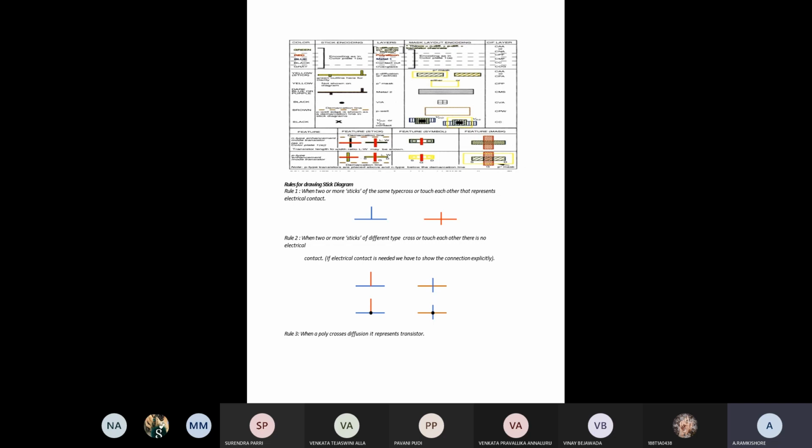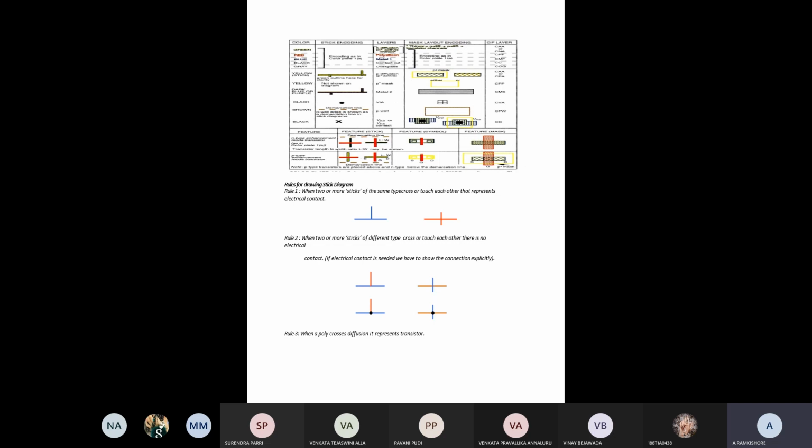If you are drawing the same color, that represents there will be an electrical contact, meaning the electrons or the current will flow through those materials. That is one of the rules when we are drawing a proper stick diagram in VLSI topology.